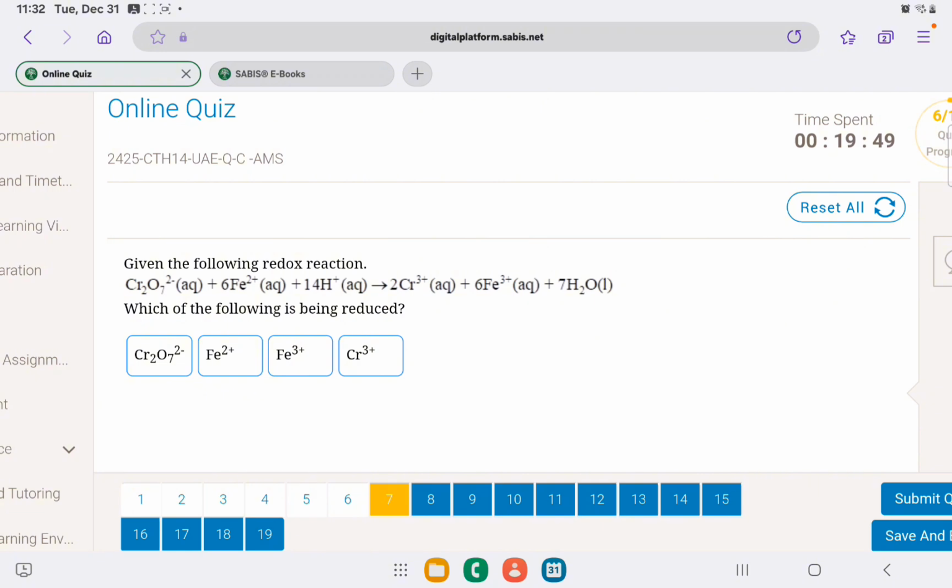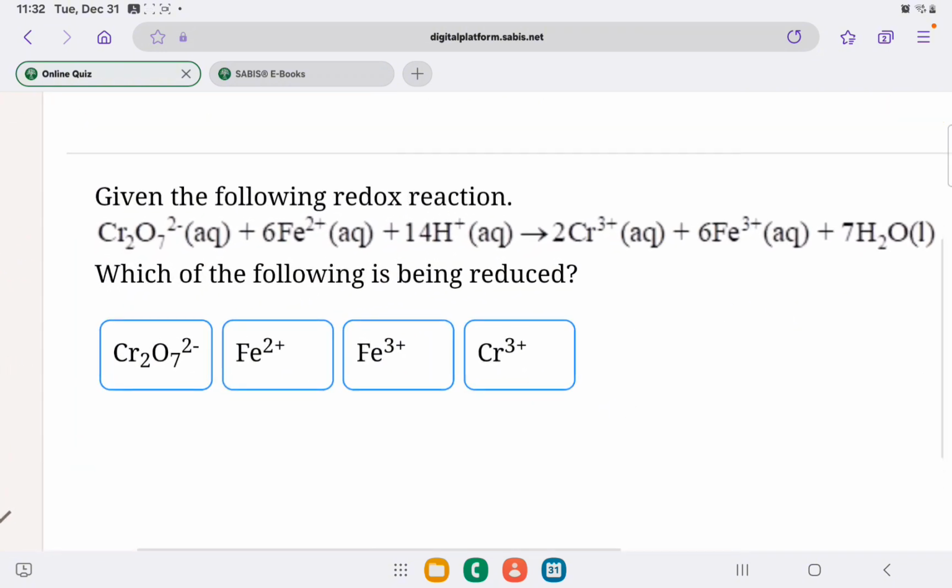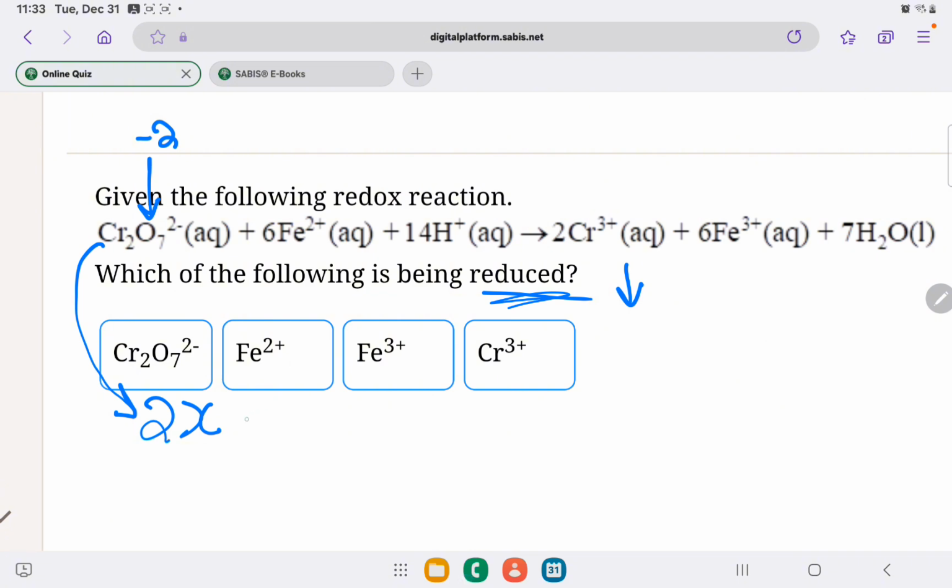Given the following redox reaction, which of the following is being reduced? Again, reduction, or reduced, is basically when the oxidation number decreases. So we have to find the oxidation number of each element. In Cr2O7, we know oxygen is always -2. Then for Cr, we have to find it, so 2x plus 7 times negative 2 is equal to negative 2.